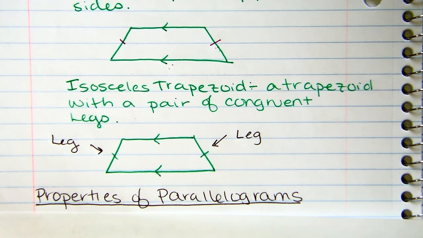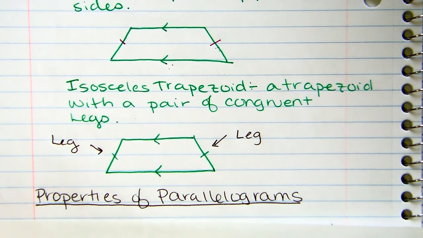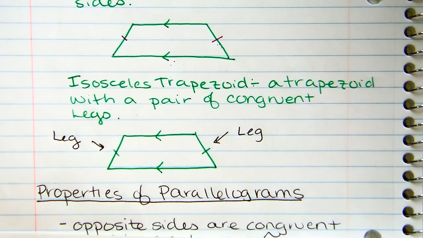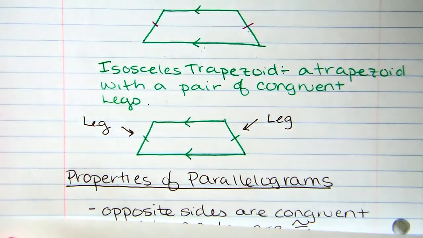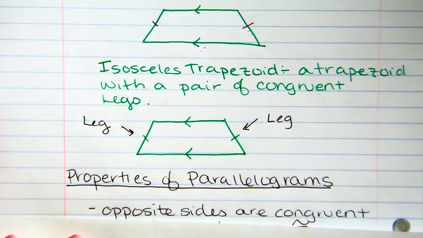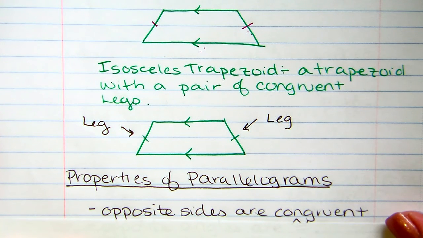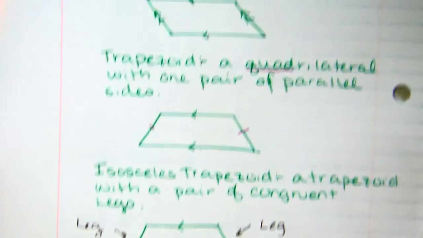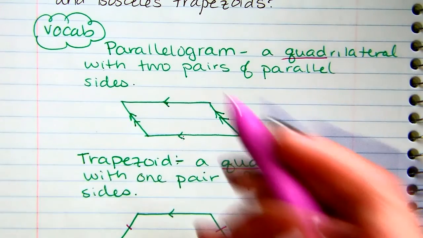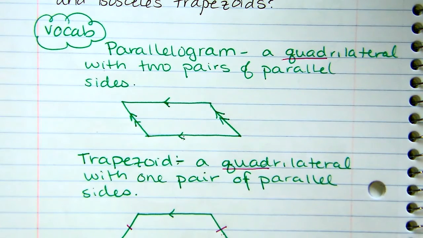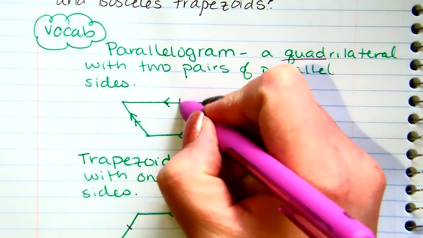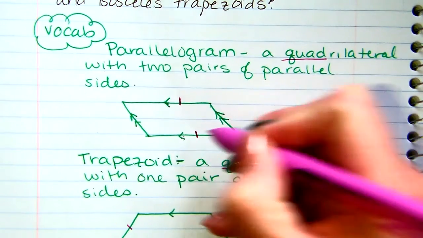So, properties of parallelograms include the following. When we talk about a parallelogram, and again, a parallelogram is a figure with two sets of parallel sides, the opposite sides are congruent. So going back up to our figure on parallelograms, by having these tick marks, that means that this line is equal to this line.